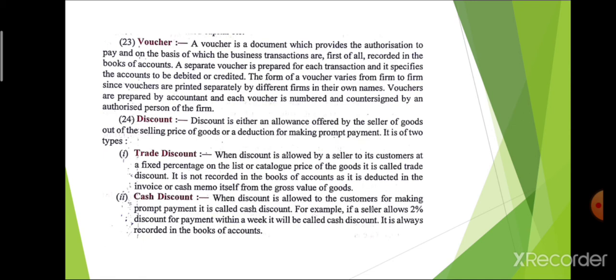The shopkeeper provided a further discount of 10% of 90, that is 9 rupees. So the cost for Ram is rupees 81. But the cost for Shyam of purchasing that goods is rupees 90, because Shyam purchased the goods on credit basis and Ram purchased the goods on cash basis.